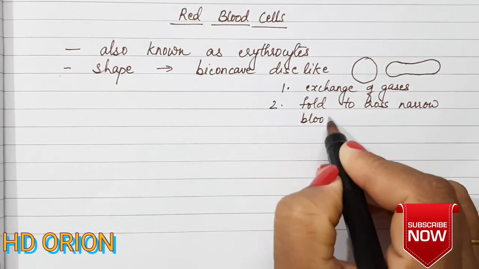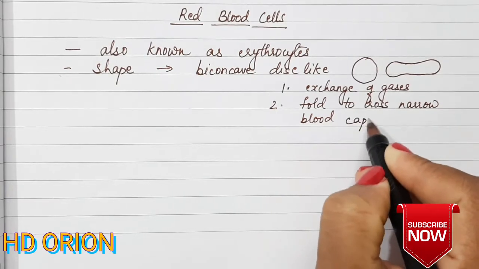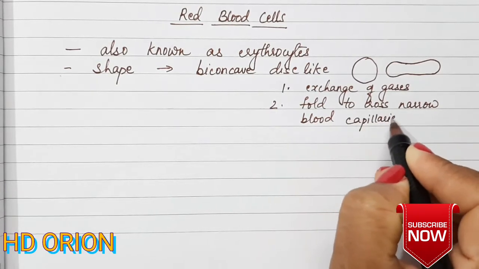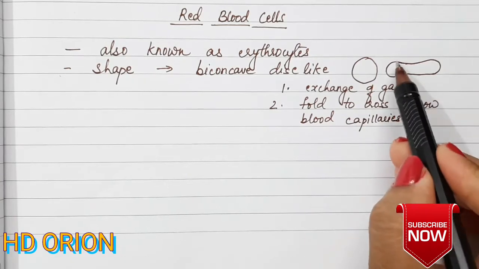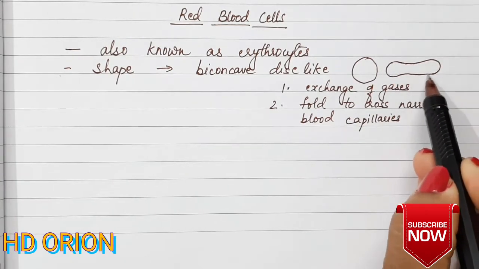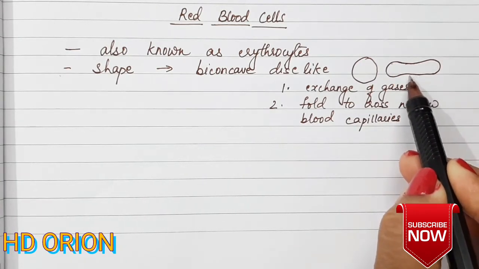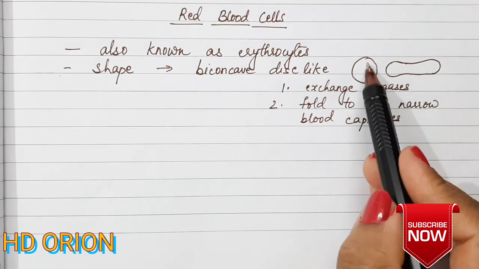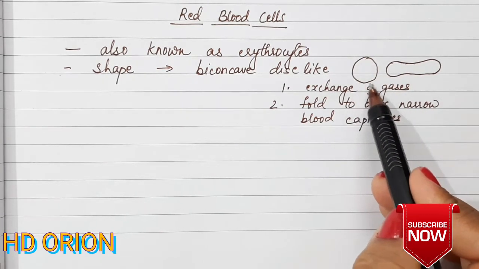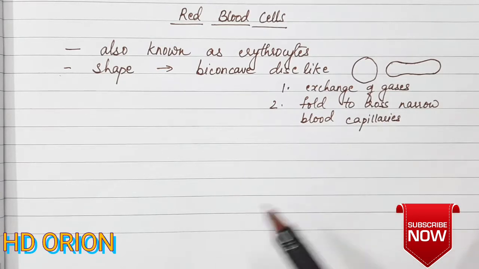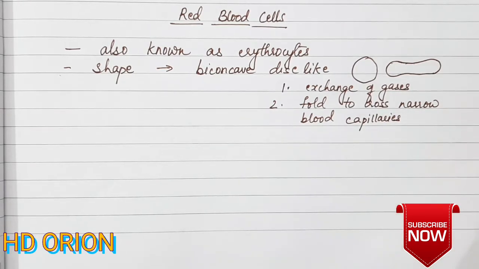So when it has to flow through the narrow blood capillaries, the cells can fold themselves so that they can move across. So there is a shallow center, and this makes it a biconcave disc-like structure. However, the top view shows it to be a circular structure like this. So this is the shape of the RBC.